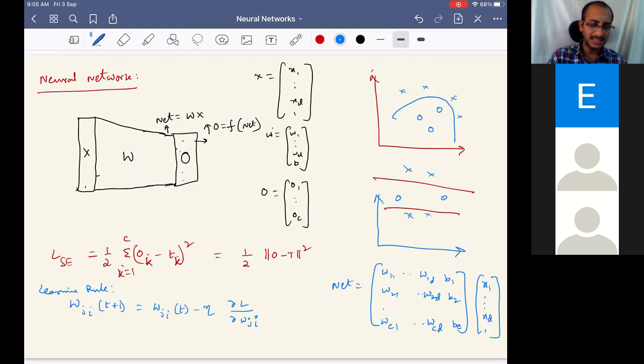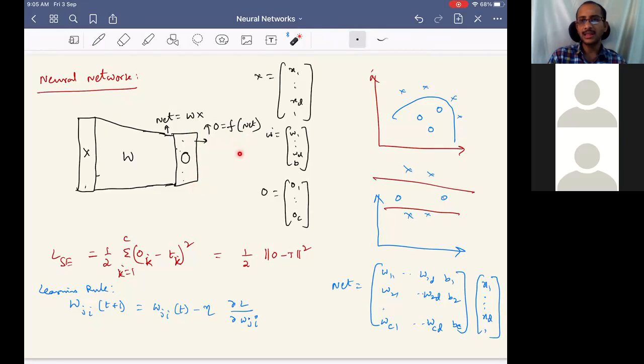Even though each output may have a nonlinearity in terms of the activation function that you use, still each is a linear output. Just giving a nonlinearity doesn't mean that they can separate the class samples, class 1, class 2, class 3 in a nonlinear space.